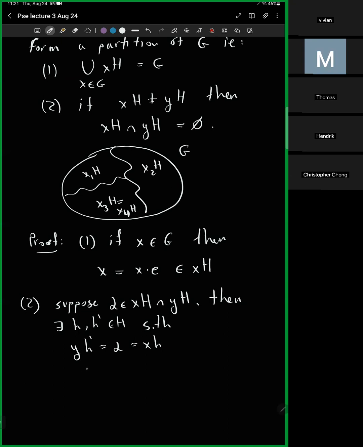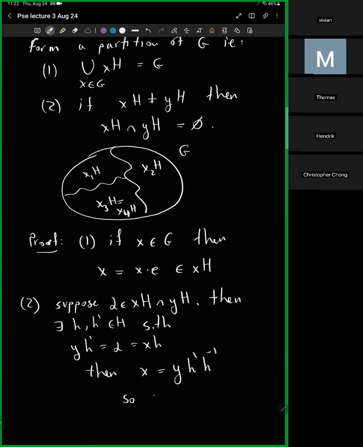But remember that I can take inverses in a subgroup H. So for example, I can multiply this equation by the inverse of h on the right, and I get that x is equal to y h prime h minus 1.